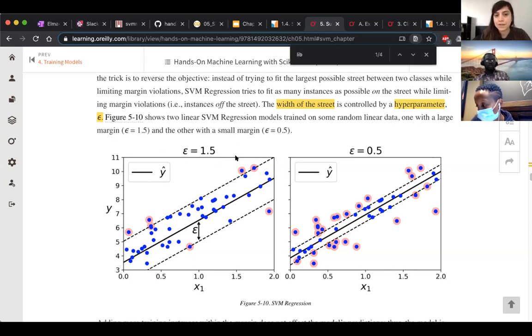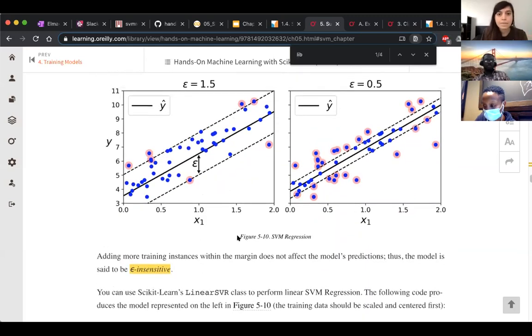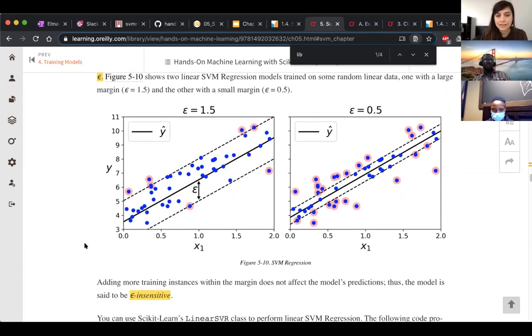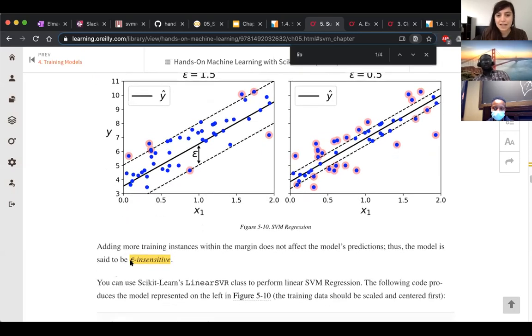A hyperparameter is introduced, epsilon, which defines the width of the street. The larger the epsilon, the larger the street. We don't care about whatever is inside the street, unlike classification. What we care about is whatever is at the margin or outside of the street. That's why SVM for regression is epsilon insensitive.